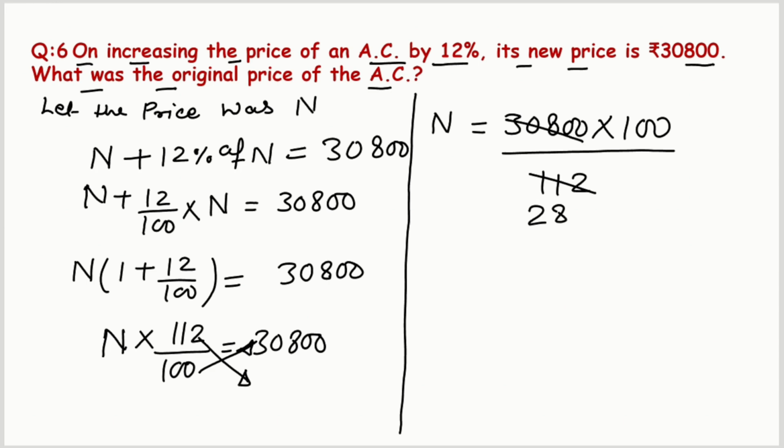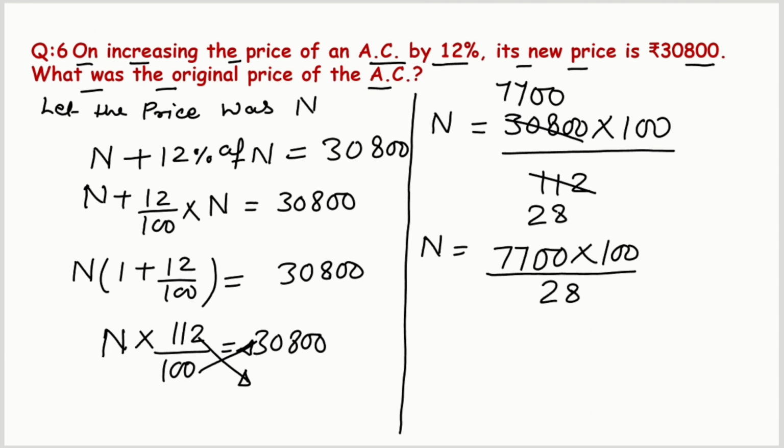And 4 times 7, 4 times 7, 0, 0. So the new number will be 7,700 times 100 over 28. Again, 7 times 4 is 28. 7 times 11 is 77 followed by 2 zeros.